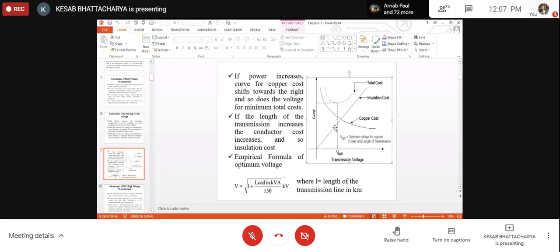Now, if the transmitted power increases, the copper cost curve will shift towards the right, and so does the voltage for minimum total cost. So when the curve shifts, the optimum voltage also shifts towards the right.